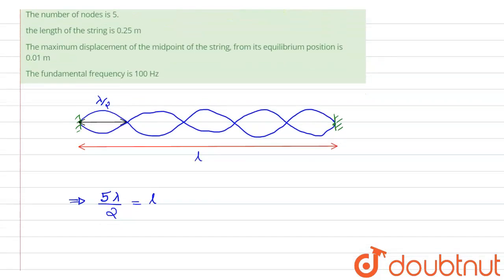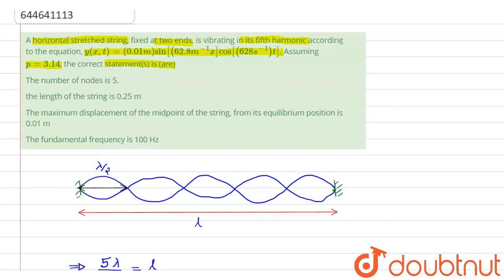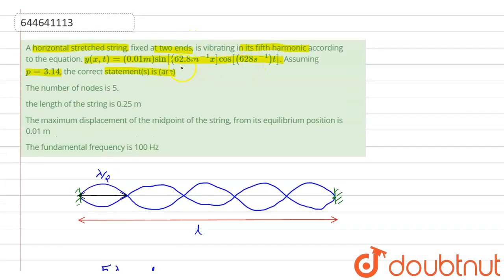But we have to find lambda, and we are given the equation. From the equation we can find lambda, as we know that k is nothing but 2 pi by lambda. So lambda will be simply 2 pi by k, and k is 62.8 per meter.